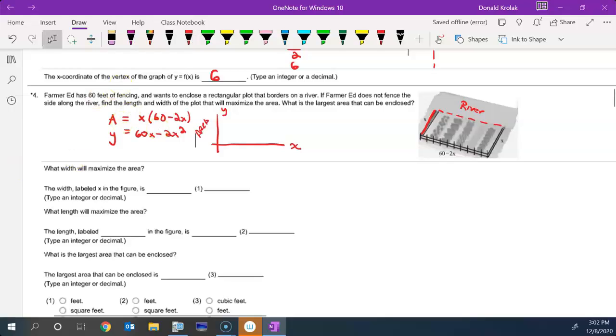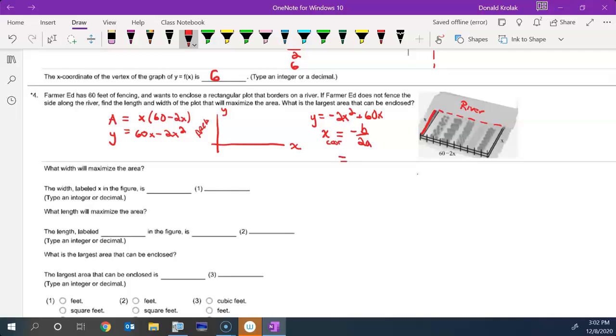Okay, so we can plot this on our calculator and find the vertex, or we could just use the vertex formula. Okay, so if I take this and I write it in order, negative 2x squared plus 60x. Okay, this is in general form. So I can get the x-coordinate of the vertex, which is going to give me the width, by doing the opposite of b divided by 2a.